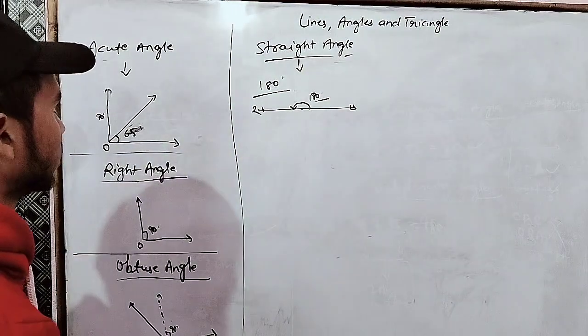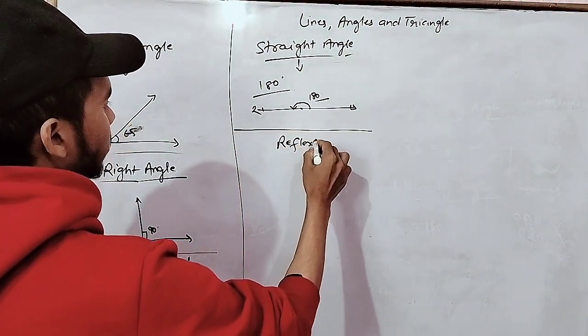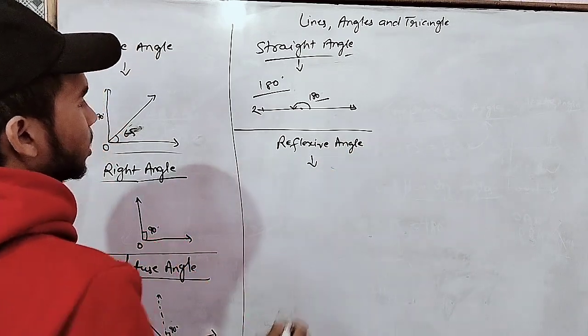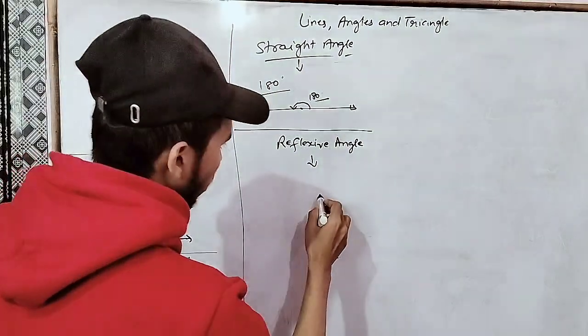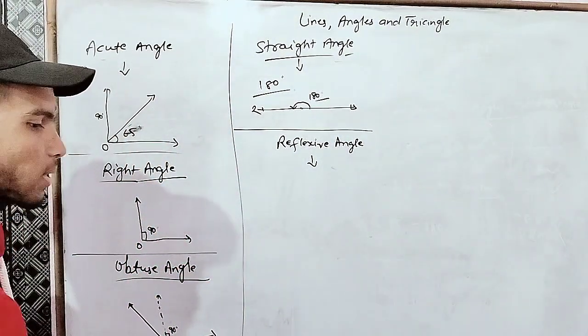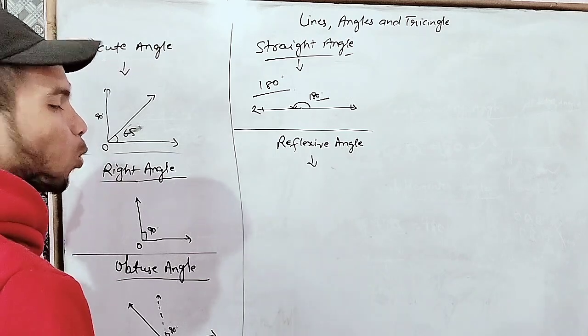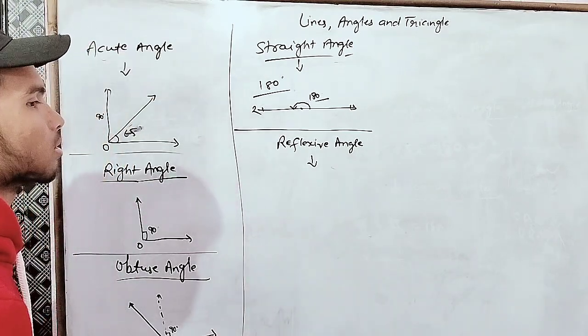Clear? Reflexive angle. It describes that the value of the angle is greater than 180 degree and less than 360 degree.